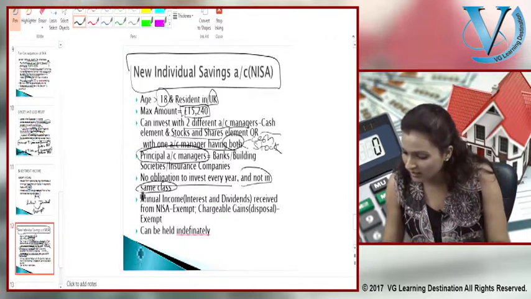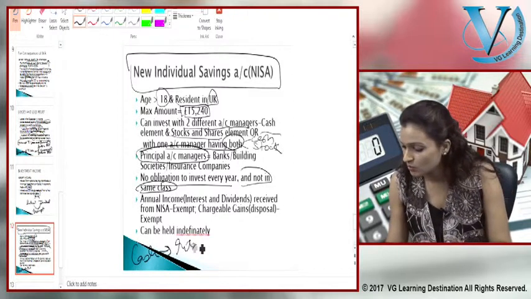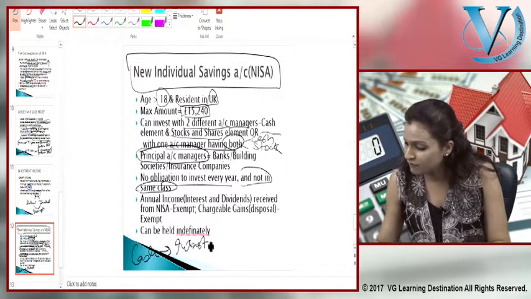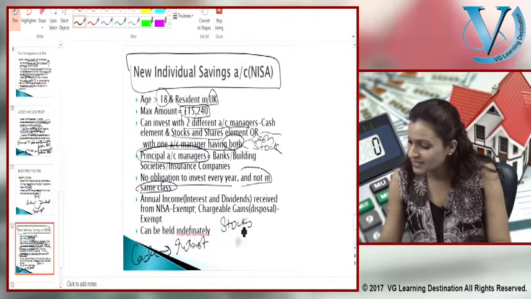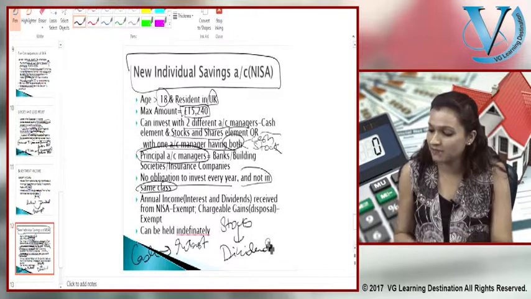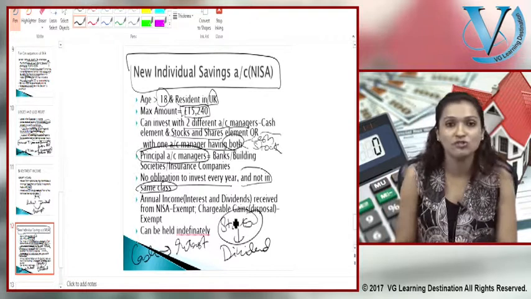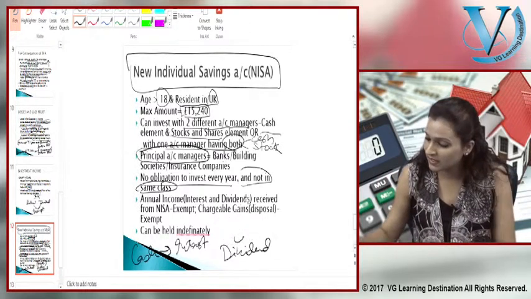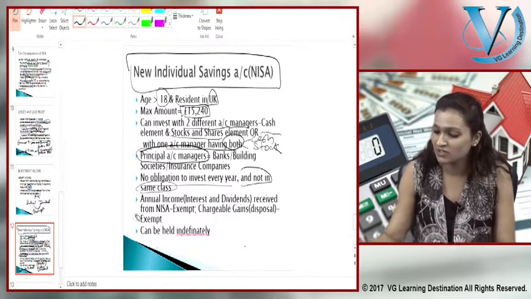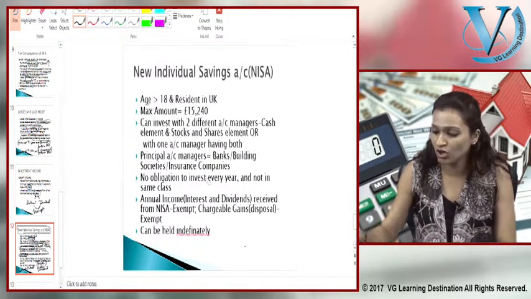Cash brings in interest, which is tax free. Stocks and shares bring in dividends, which is again exempt income. When you sell these shares, the gain also becomes exempt from your chargeable gain. So that is basically a double benefit if you invest into your NISA.